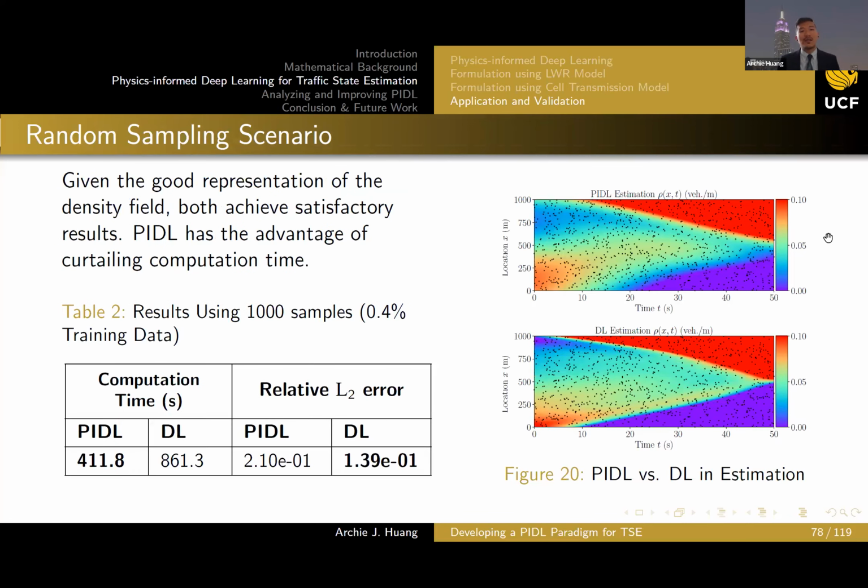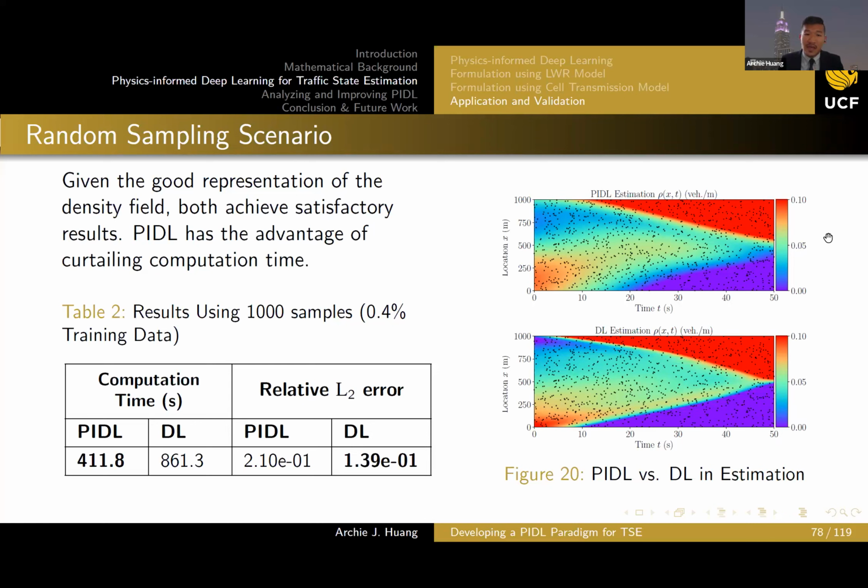And let's move on to the random sampling scenario, where we see the randomly selected data are going to represent the traffic state well in this entire domain. Now what we observe is both learning approaches achieve considerably good results.